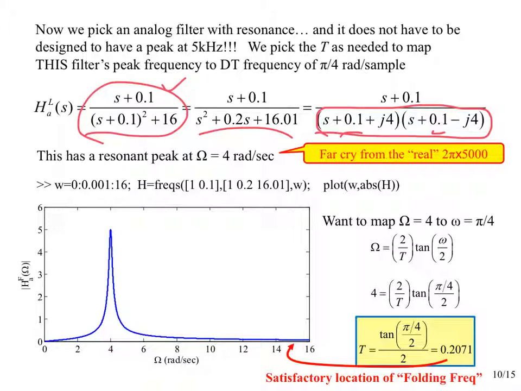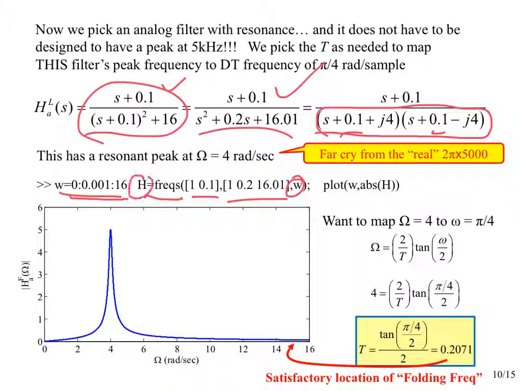And to just test that out, I plot the frequency response on one side, so I create omega from 0 out to 16 radians per second. I run my freqs with the coefficients from my transfer function. I plug in my omega values that I computed.